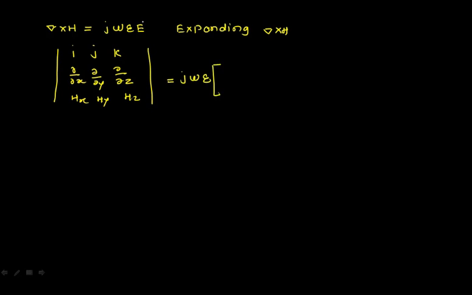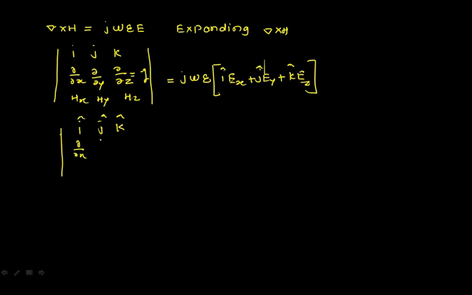Now again this E you are going to resolve in 3 directions: Ex i plus Ey j plus Ez k, where i, j, k are nothing but the unit vectors in the direction of x, y, and z. Now I have this d by dz here. I can replace this d by dz with minus gamma because I know d by dz is nothing but minus gamma. So I'll rewrite that equation again: i, j, k, d by dx, d by dy, minus gamma, and this is Hx, this is Hy, and this is Hz.